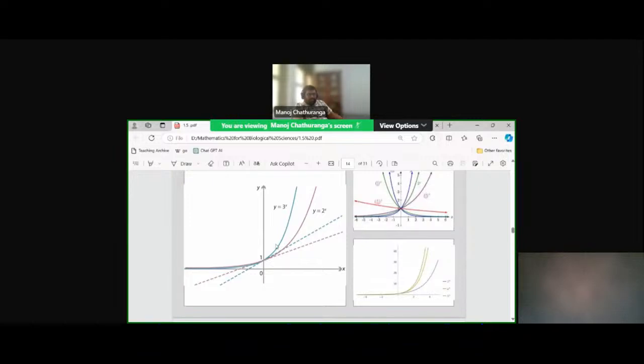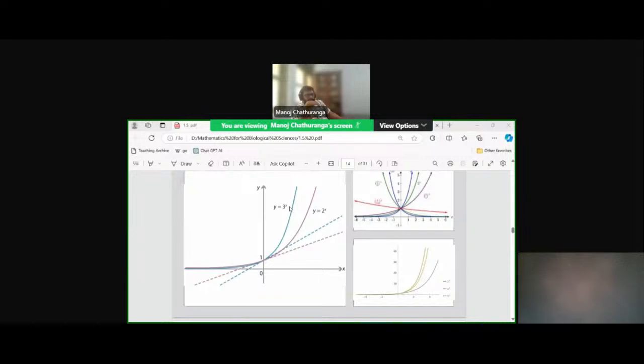But for negative x values, the function with the larger base decreases faster. So when you go to the second quadrant, this blue graph goes below the red graph. That's how they look when you plot them on the same plane.